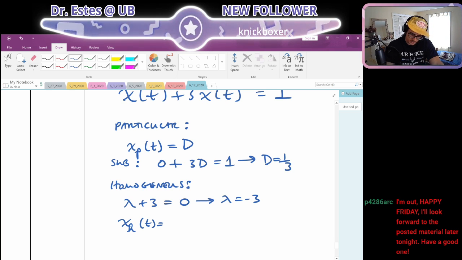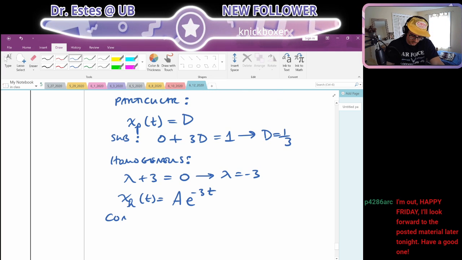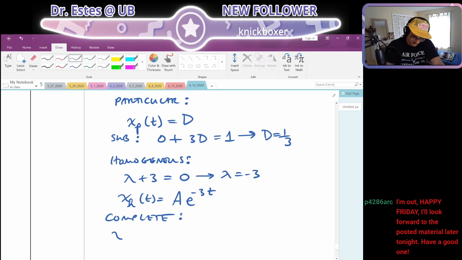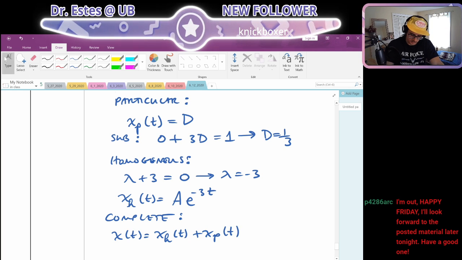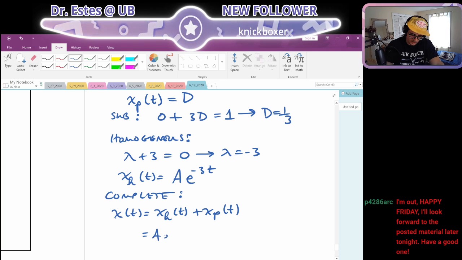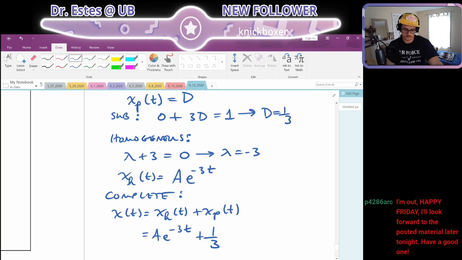So x homogeneous of t is some coefficient a, e to the minus 3t. So the complete solution is x of t is the homogeneous plus the particular, which is a e to the minus 3t plus 1/3.